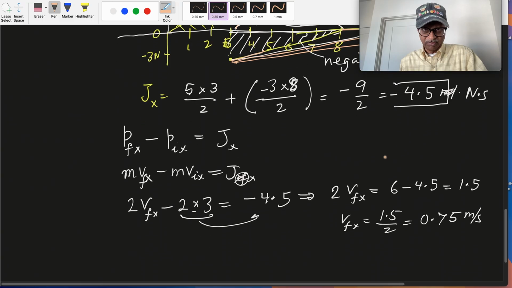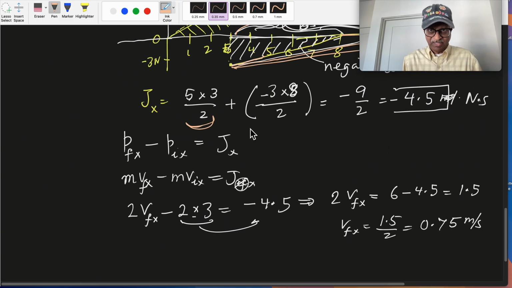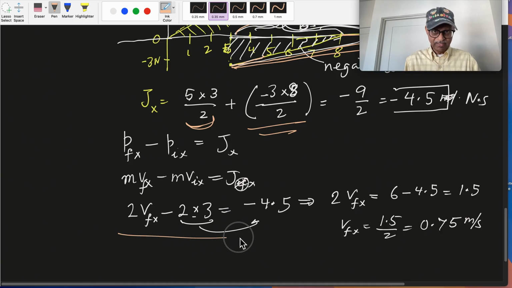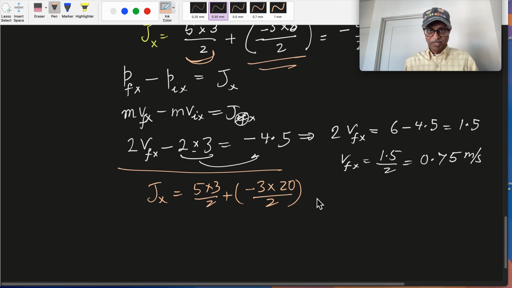So what will happen? The positive part remains the same, this will get bigger. So in that case, Jx will be 5 times 3 over 2 minus 3 times 20 over 2. I didn't increase the force acting, right? It just acted for a long period of time.